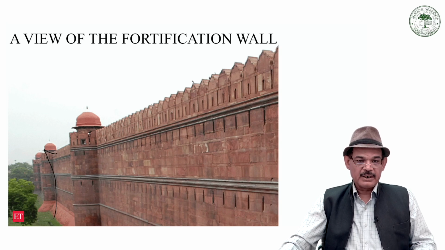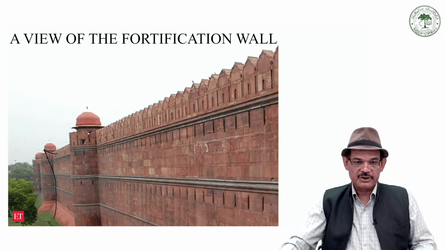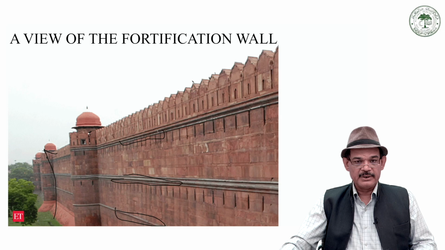The rampart wall of this Red Fort has a three-storied effect with the help of cornices. And embrasures have also been given. These holes can be used for keeping security and watch outside the fort.